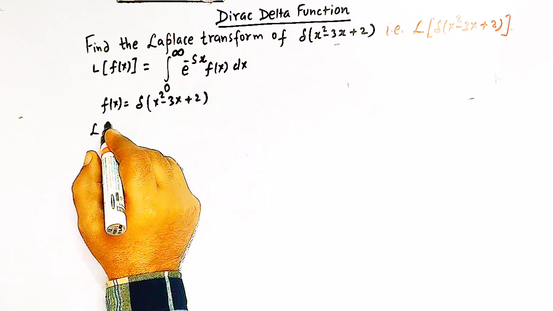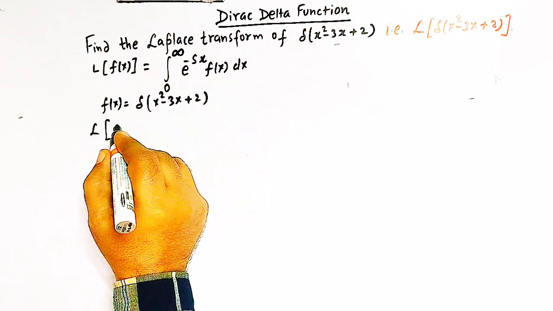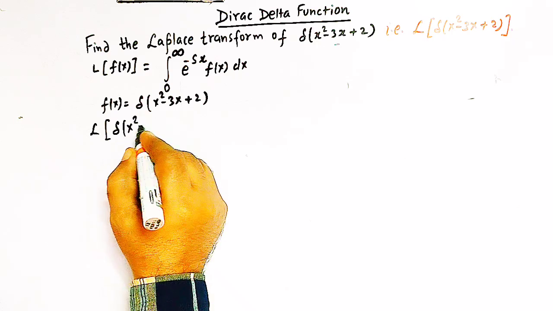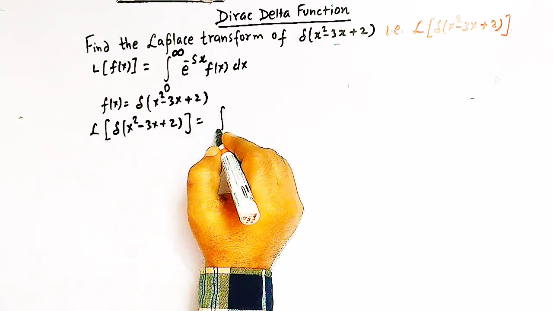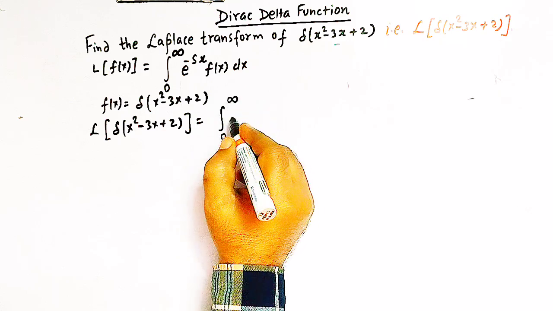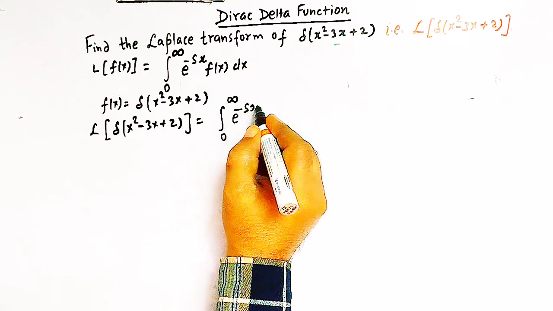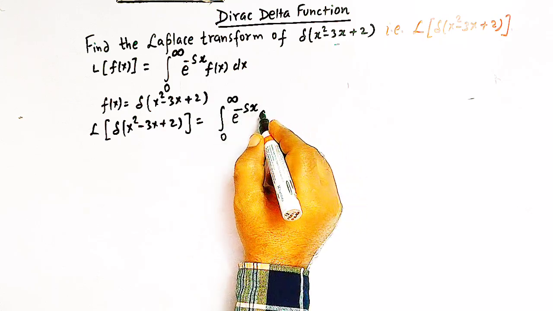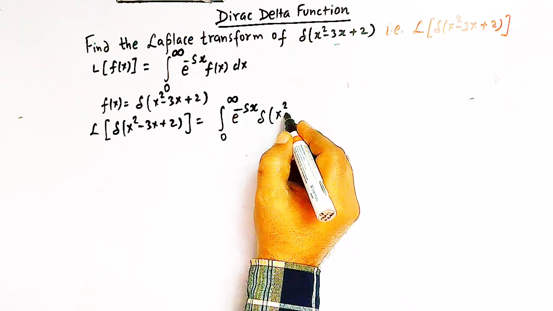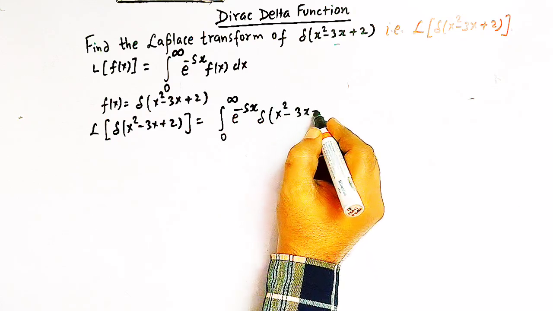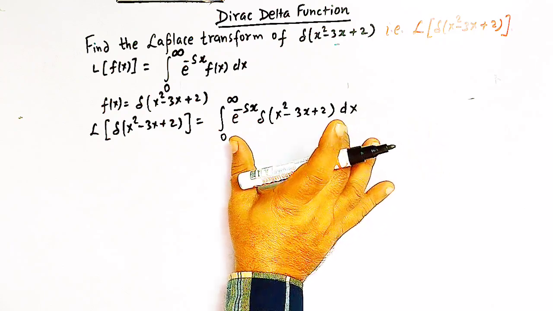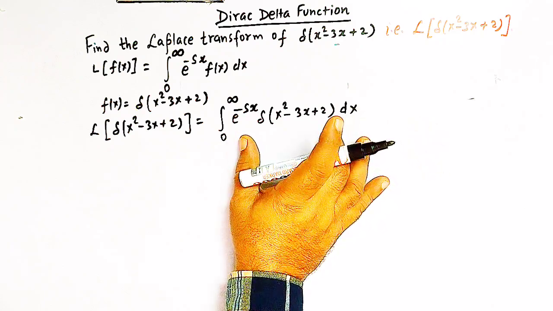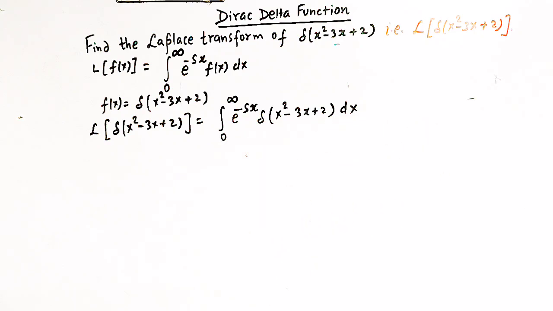So the Laplace transform of this function is given by the integral from 0 to infinity of e raised to minus sx delta of x square minus 3x plus 2 dx. So now let us evaluate this integral by using the property of Dirac delta function.